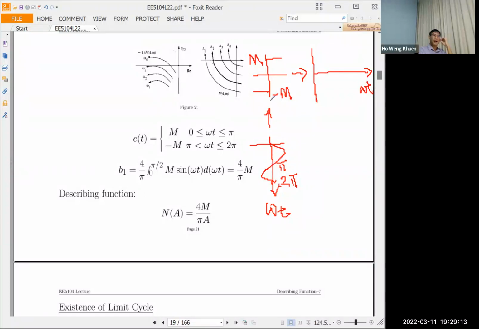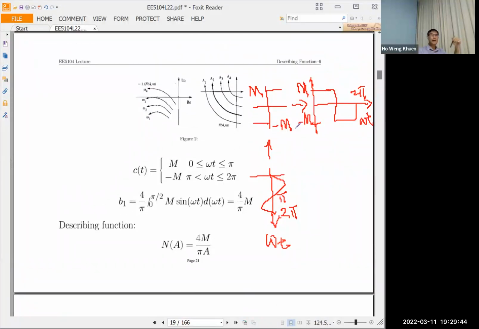From 0 to pi, it is positive, so it is M. From pi to 2 pi is negative, so it's minus M. Okay, so this would be, in my notation, this is my C.